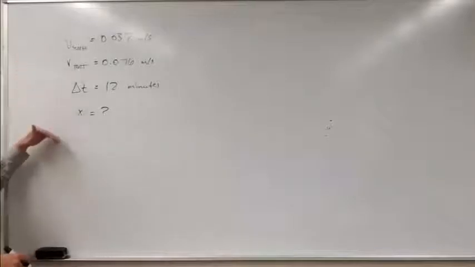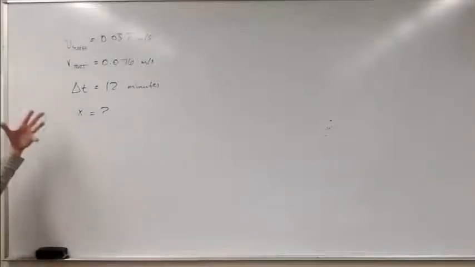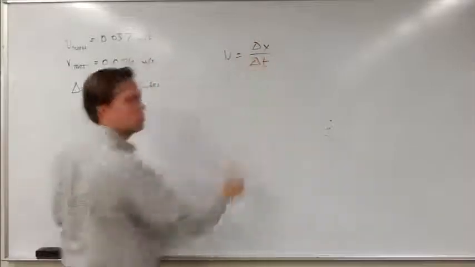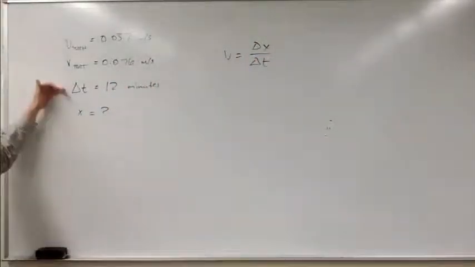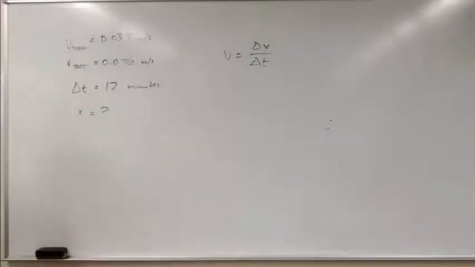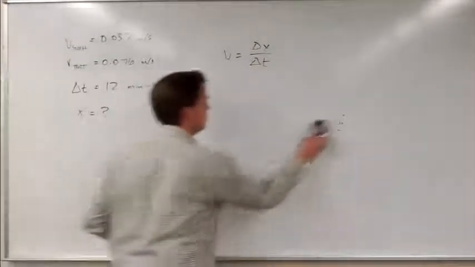And now once I write this down, the equation that we've been talking about, v equals delta x over delta t, kind of jumps out at you, right? Because I've got v's, I've got t's, and I've got an x in play. So all these tell me that's probably the formula I'm going to use.